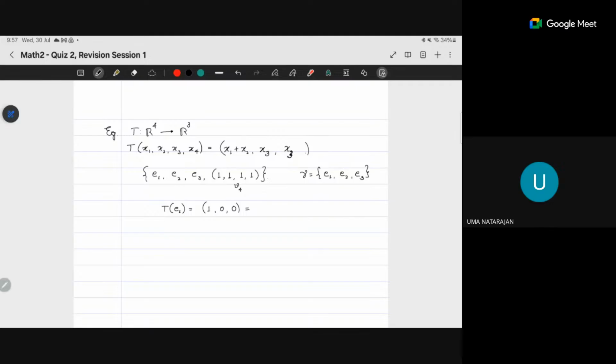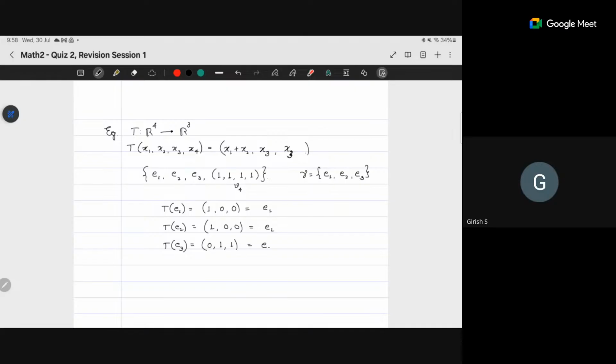Okay, so T of E1 is just 1 0 0, and this is just E1. T of E2 is 1 0 0 again. So this is also E1. T of E3 is 0 1 1.